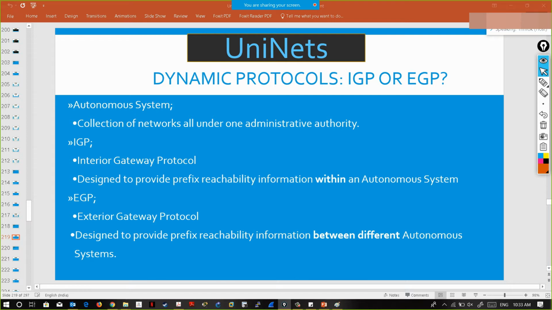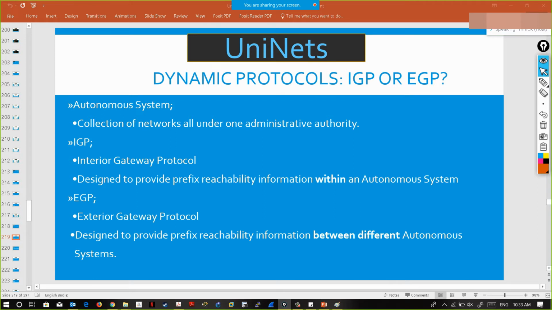ATM. What else do you know? Reliance is your this one. Okay, Bharat. Right? These are ISPs, Internet Service Providers.